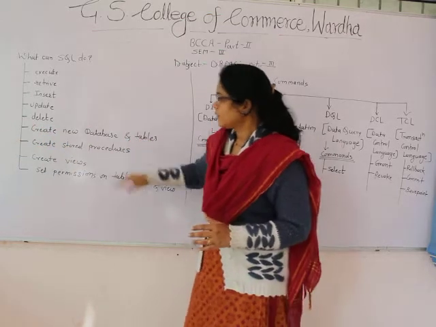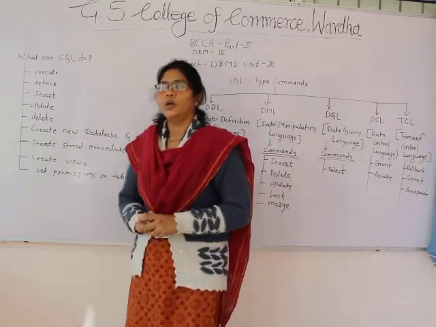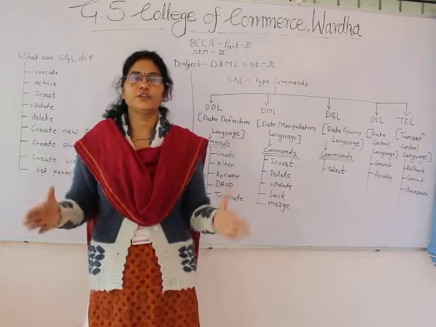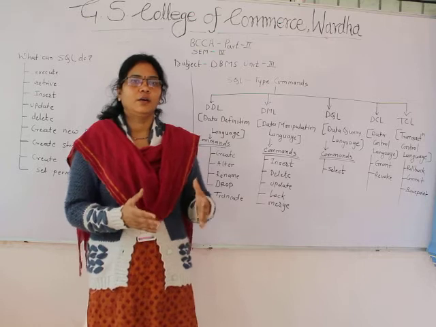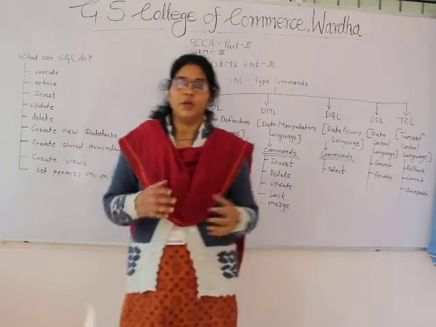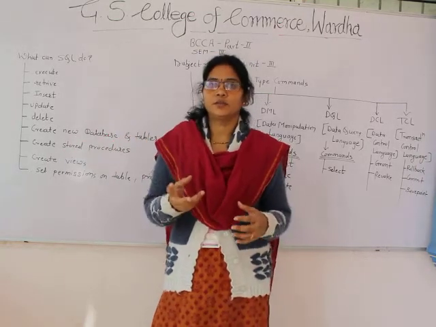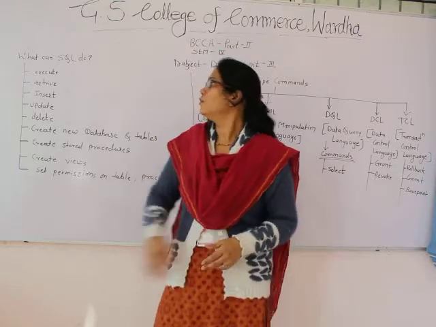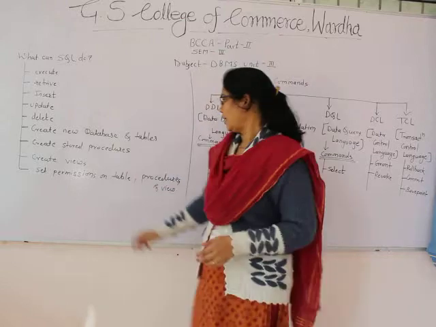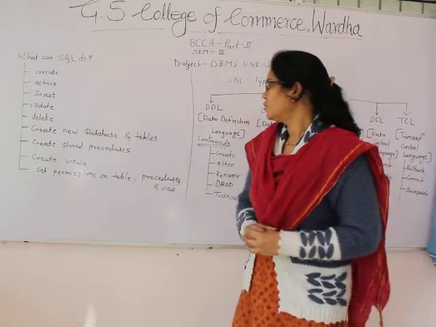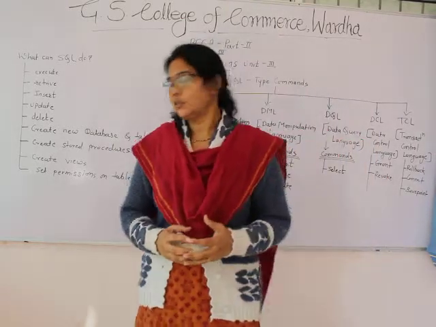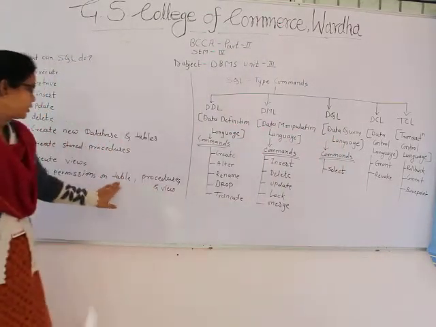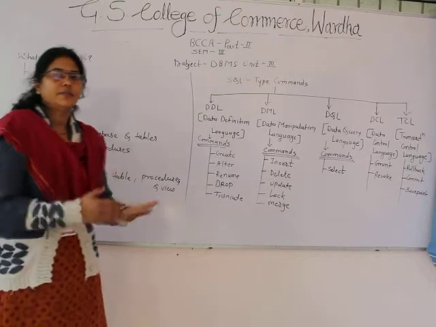Next one is create views. We can create views. A view is nothing but the presentation of our table data as per our need. We can merge two tables' data into one view also. So we can create the view by using SQL. The last one is setting the permission on the tables, procedures as well as the views. When we create those views, procedures or tables, we can set the permission.